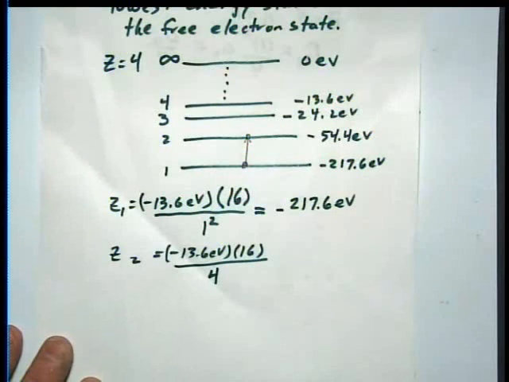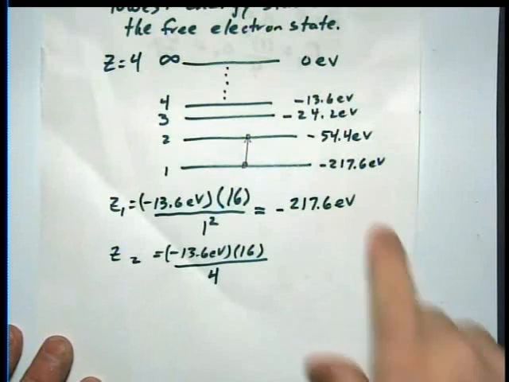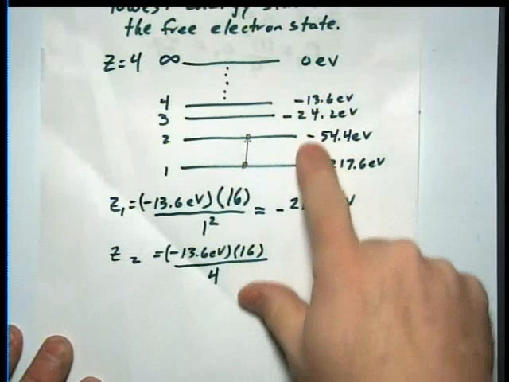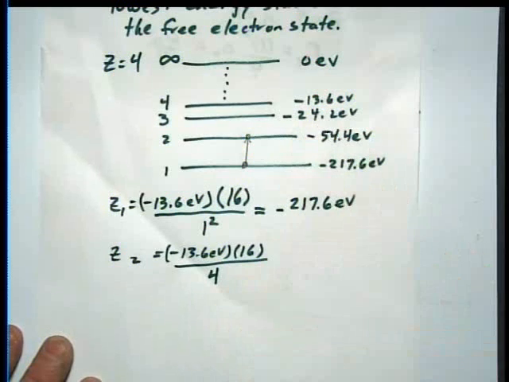Where does the energy go? Out. It wiggles and it goes out at the speed of light. What do we call those things? Photons. So you take the negative of the change in the energy of the atom, that's the energy of the photon that's emitted. And you again use 1240 divided by the energy and you can find the wavelength of the photon.